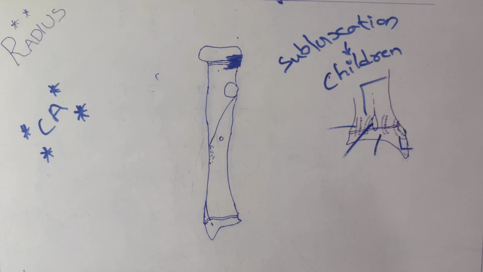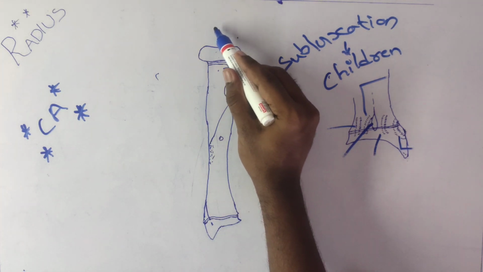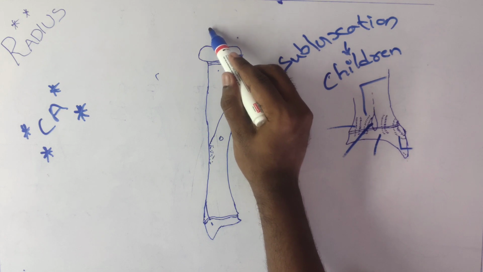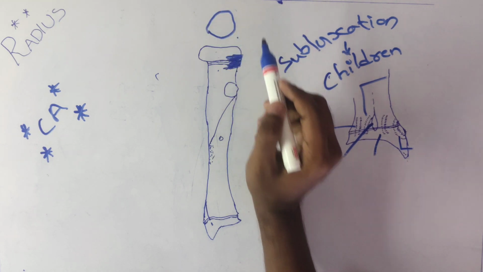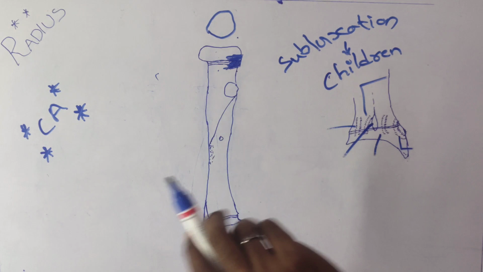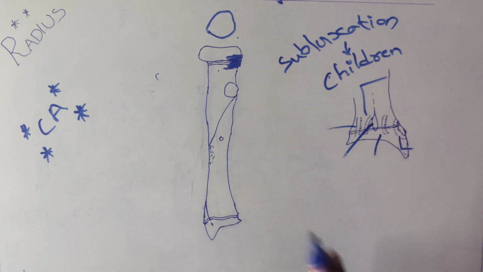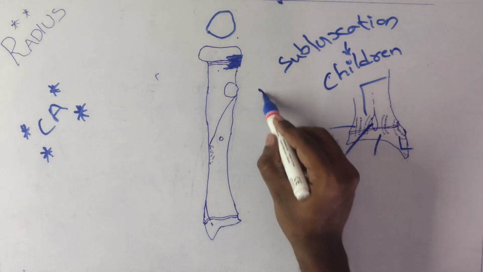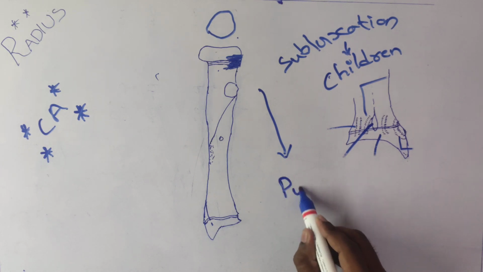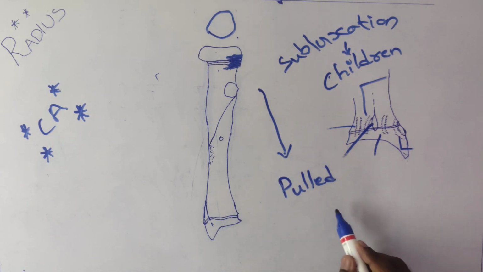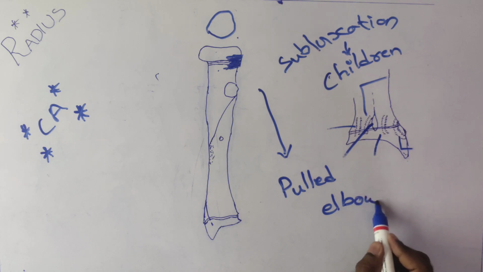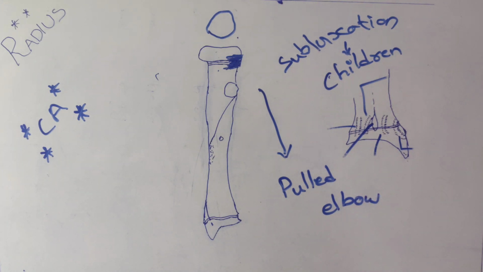In subluxation, the elbow joint is dislocated, that means the capitulum of humerus and the head of radius are displaced. It mostly occurs in children and is also called pulled elbow, P-U-L-L-E-D.